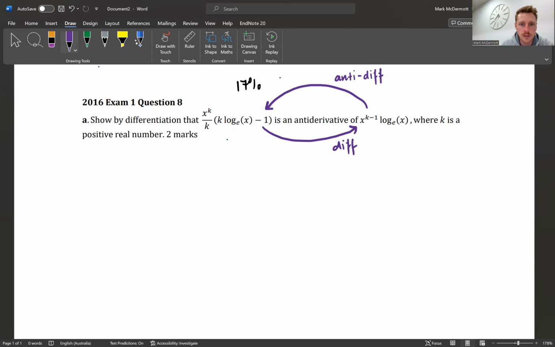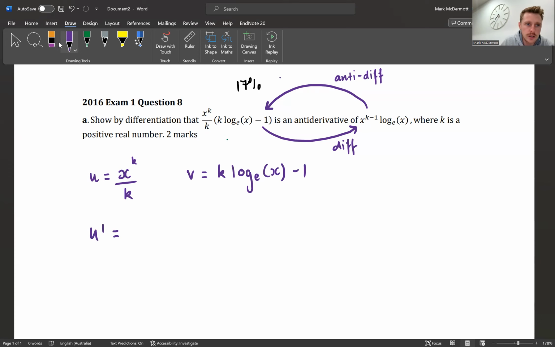What we can see immediately, hopefully, is that it's the product of 2 functions. So we're going to use the product rule. The first thing I'm going to say is u equals x to the k on k, because that's our first function. And v, our second function, is k log base e of x minus 1. u dash is going to be the derivative of this.